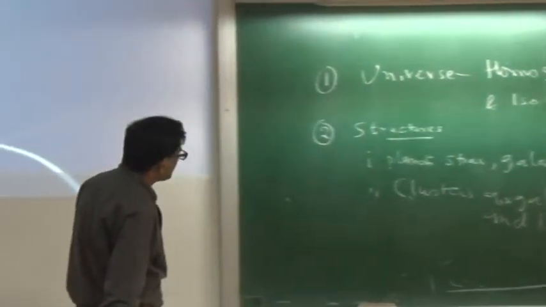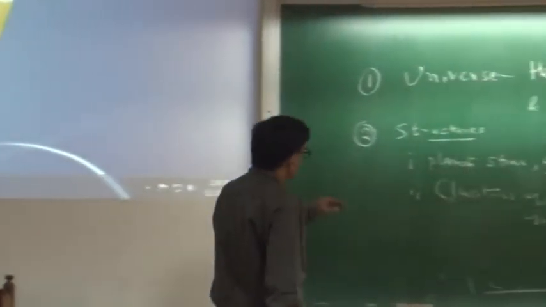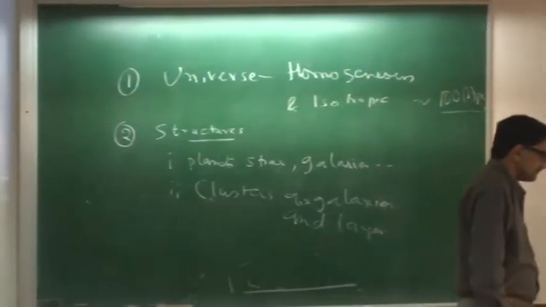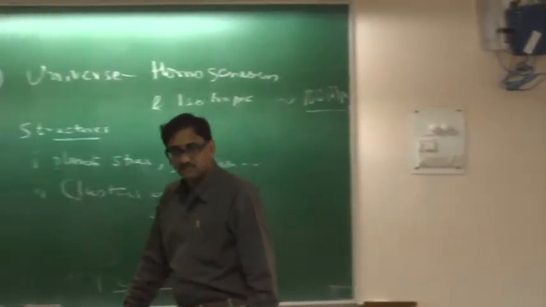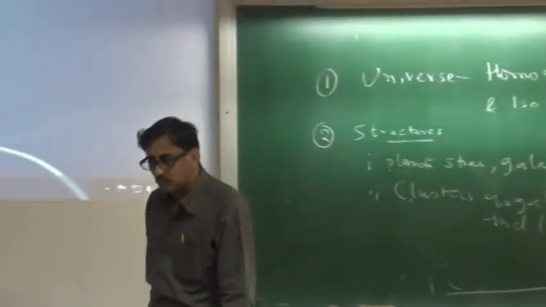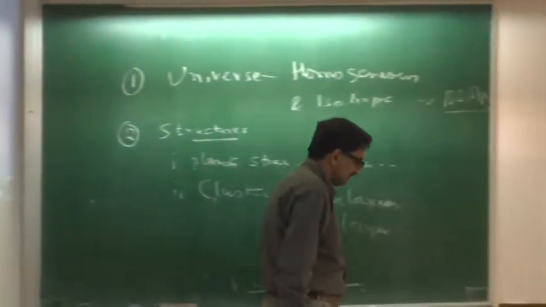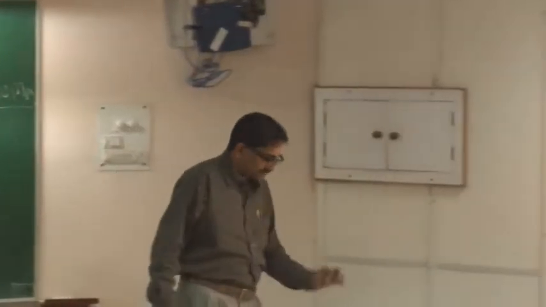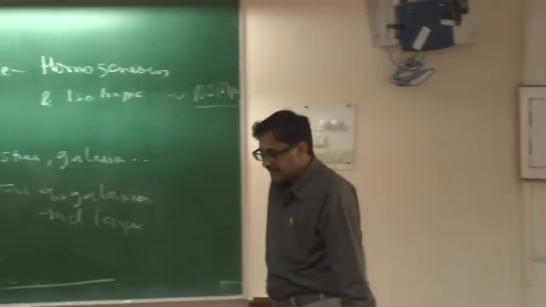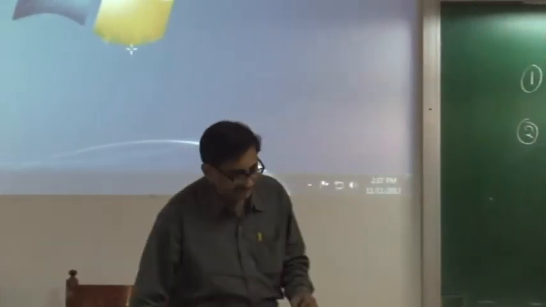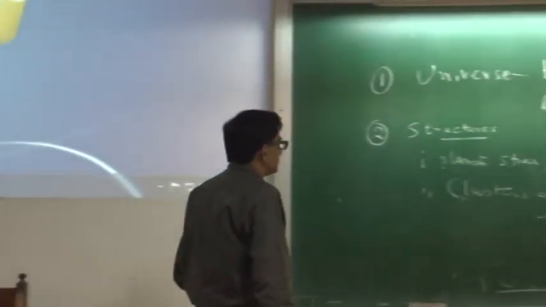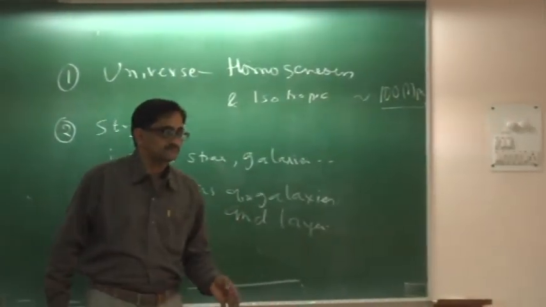Now, the reason why one has divided it into these two is a specific one. The reason is that the physics of their formation is qualitatively different for these two cases. When you talk about planets, stars and galaxies, etc., the physics of formation primarily involves gravity plus various other physical processes like fluid dynamics and so on.